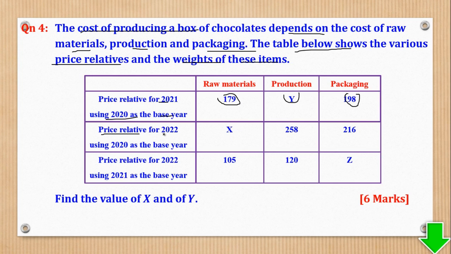The price relative for 2022 using 2020 as the base year is X for raw materials, 258 for production, and 216 for packaging. The price relative for 2022 using 2021 as the base year is 105 for raw materials, 120 for production, and Z for packaging. Then it says find the values of X and Y.